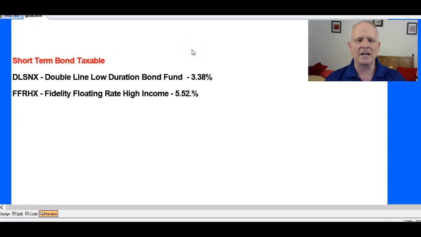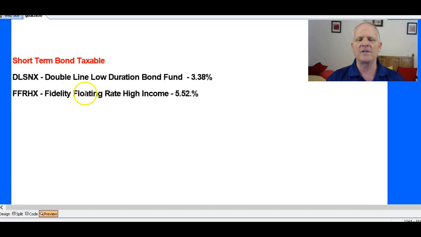Some other ideas here on short-term money, a short-term taxable bond fund, like DoubleLine Low Duration Bond Fund, pays 3.38%. So you're putting it into a bond fund because it invests in real short-term Treasury securities. It's pretty safe. Never want to say 100% because you never know what could happen, but it's pretty safe, 3.38.